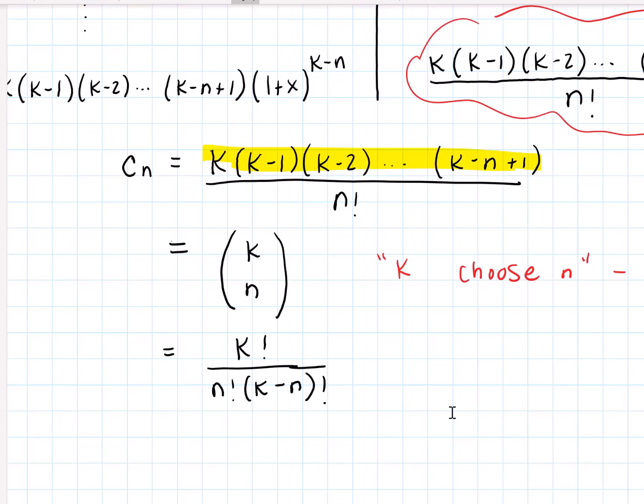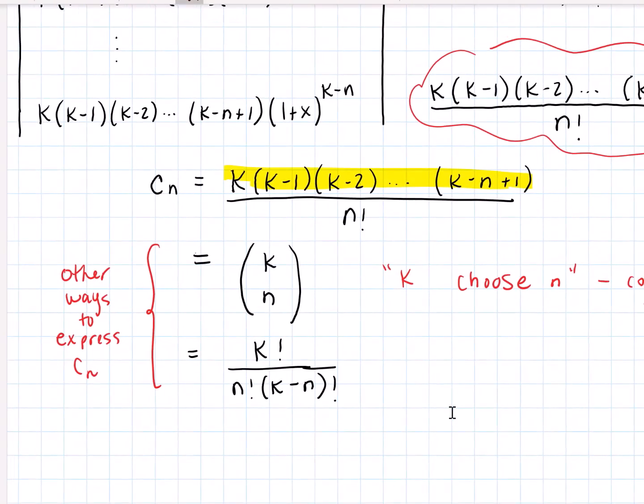It stops at k minus n plus 1, so that means we've divided by the k minus n factorial. So these are just other ways to express c sub n if we were to want to express them that way. Okay, I'll probably use these two. I don't know that I'll use the factorial one, but we may, so I'll just write those in there.